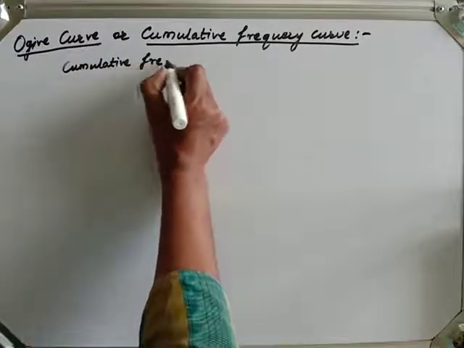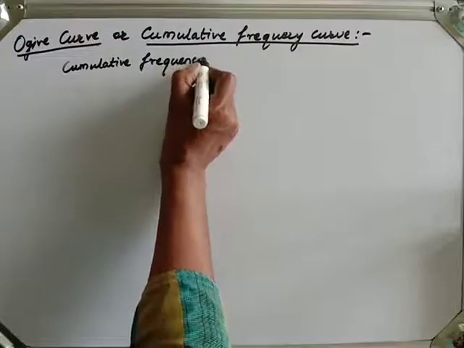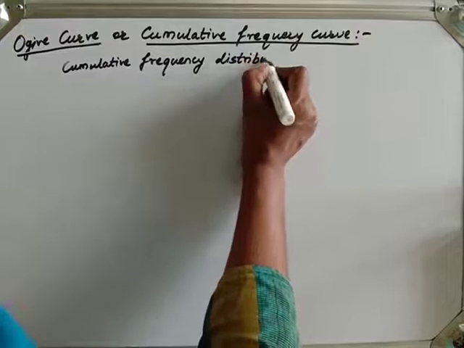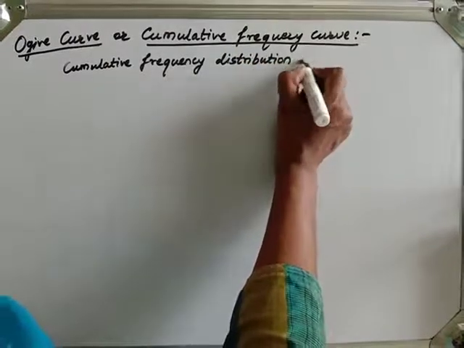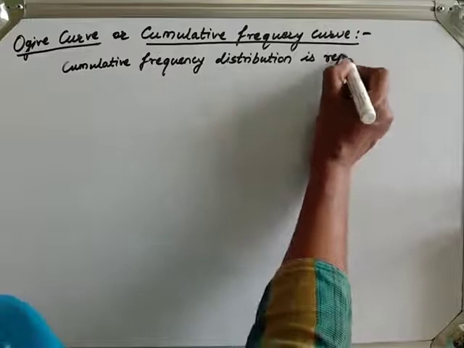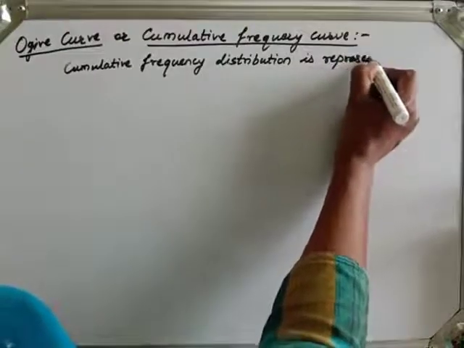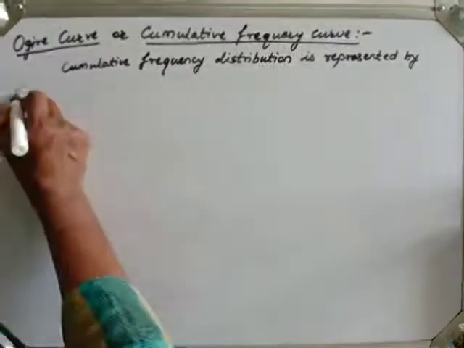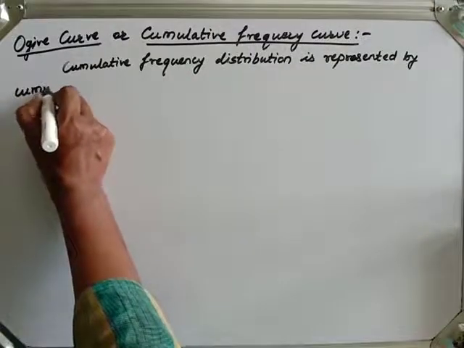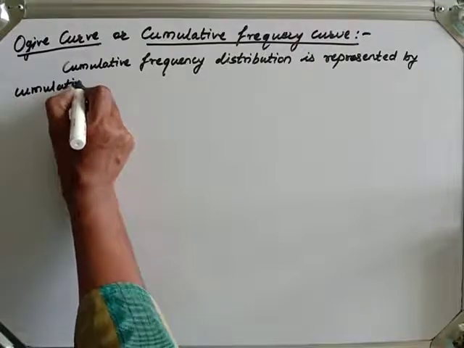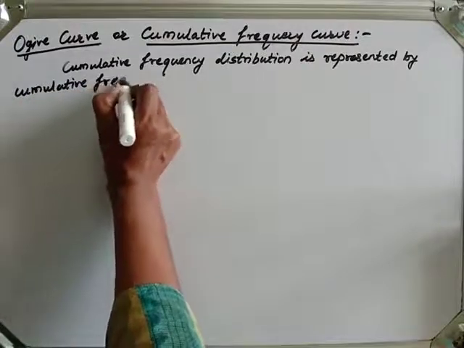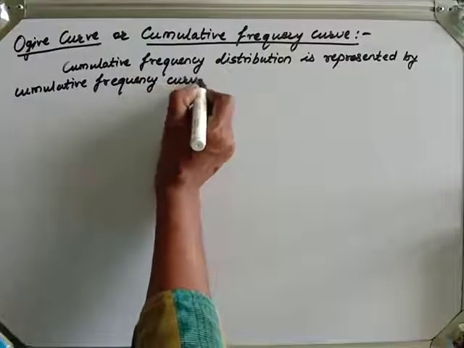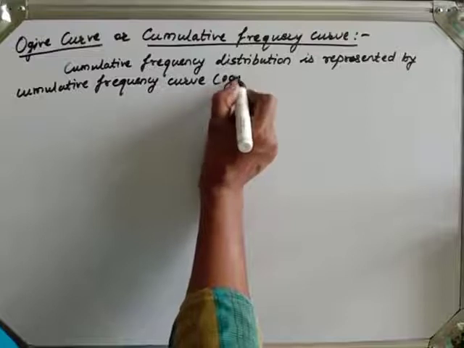The cumulative frequency distribution is represented by the cumulative frequency curve or Ogive curves.